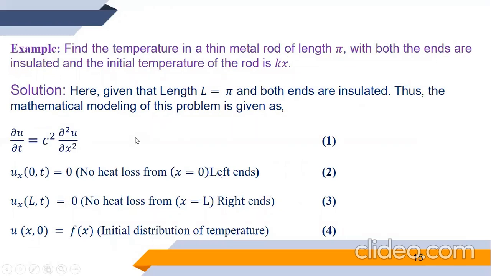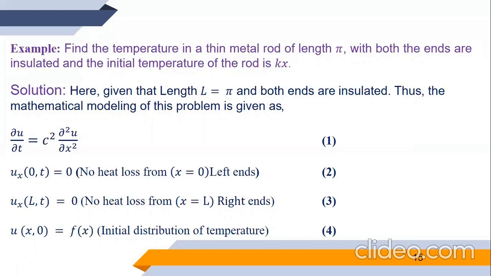Now we take one example. Find the temperature in a thin metal rod of length pi with both ends insulated, and the initial temperature of the rod is kx. So again I repeat the question. Find the temperature in a thin metal rod of length pi.